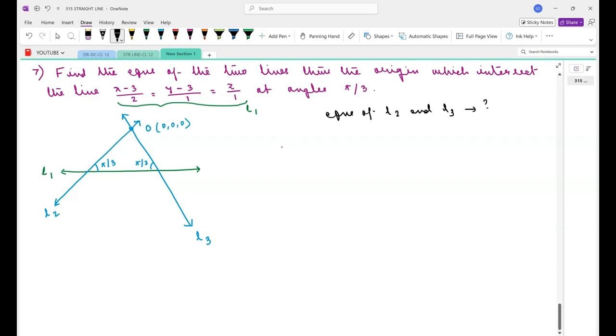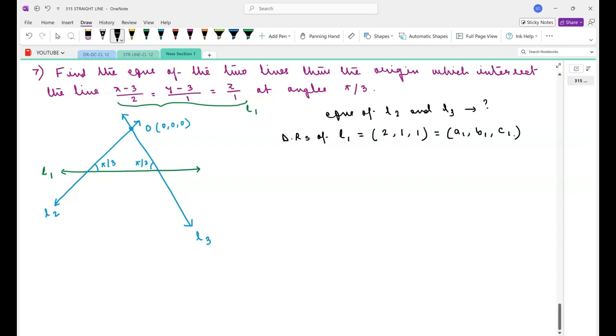Now, first we note that from the given data, the drs of L1 are 2, 1, 1. Suppose we call them A1, B1, C1.